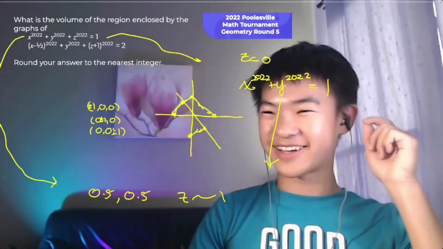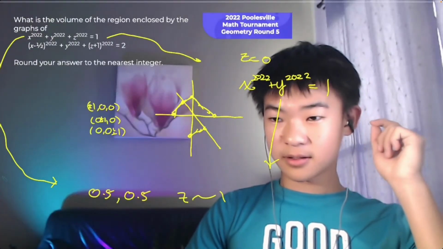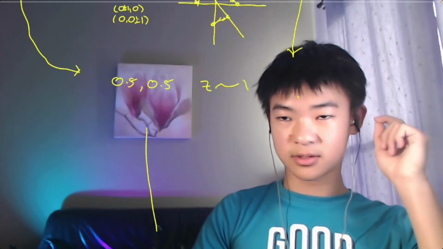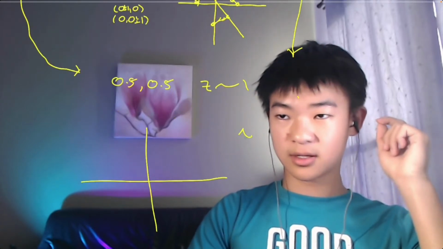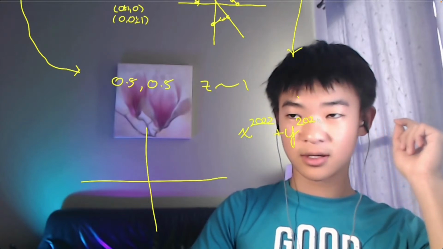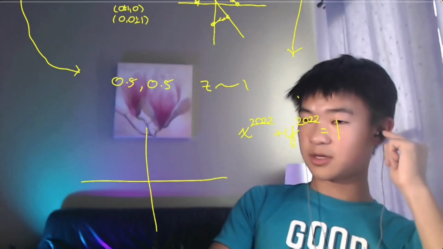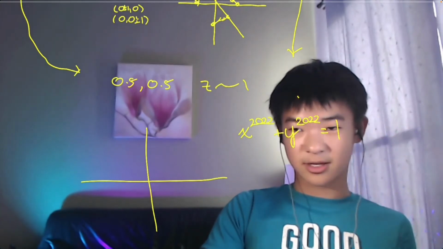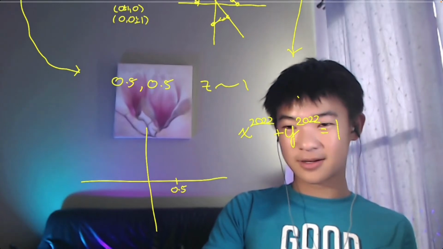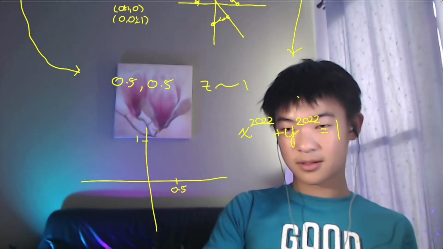Okay, I see where you're getting at. So if we have a plane where z is equal to about 0, then x to the 2022 plus y to the 2022 is equal to 1. So if x is something like 0.5, then y would basically be 1, and vice versa as well.